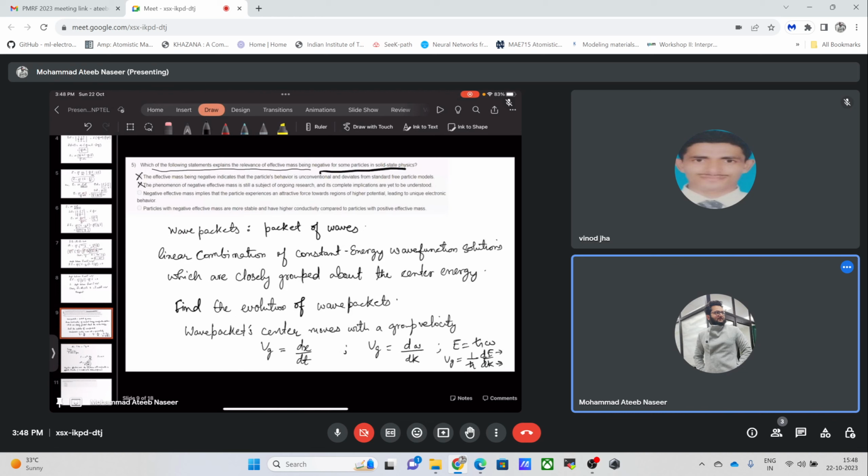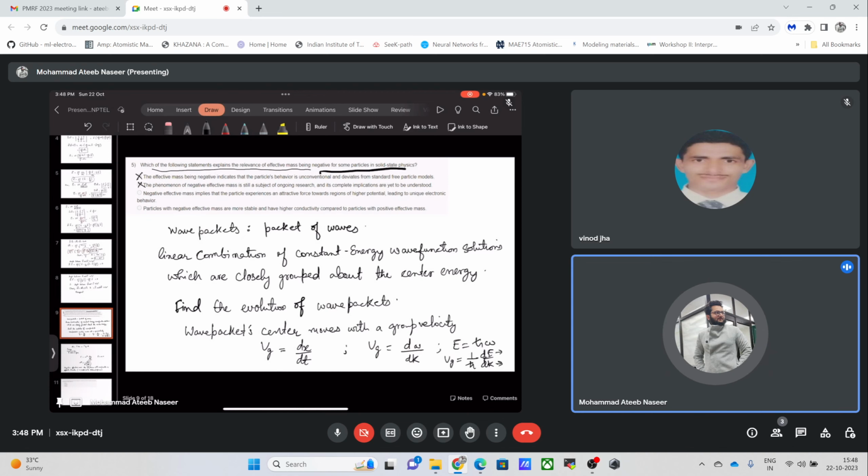For example, when we apply some bias, the electron moves from the high potential to the low potential, and these negative effective mass particles, known by the name of holes as well, will be attracted towards the higher potential.